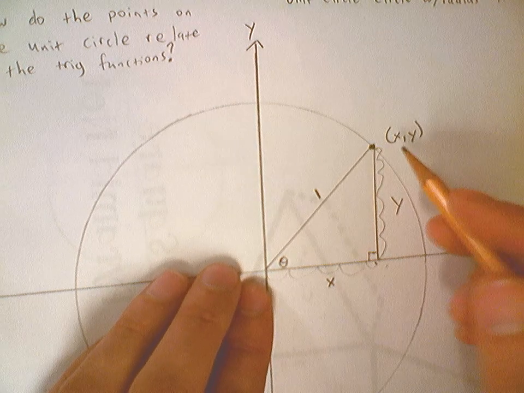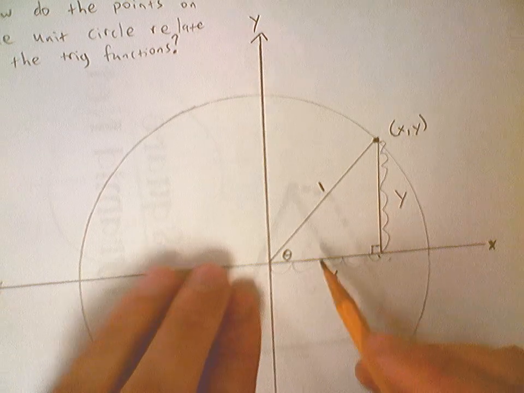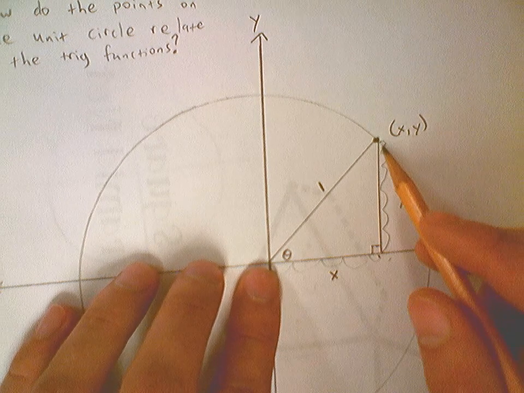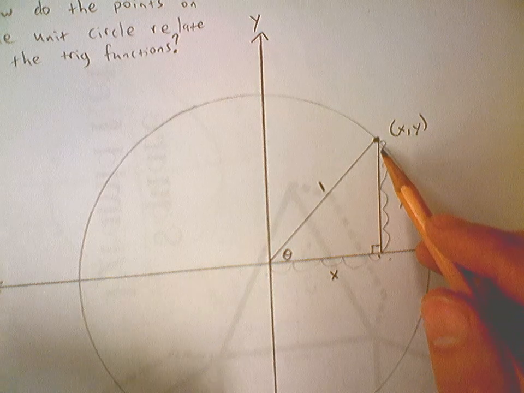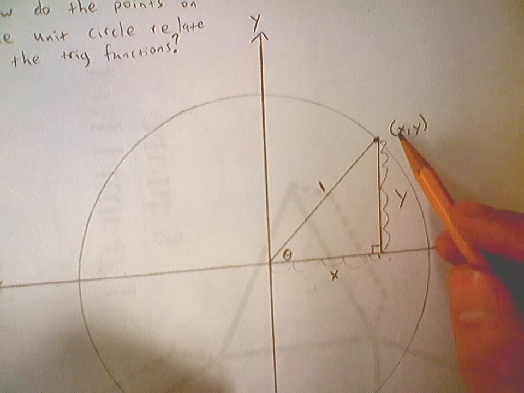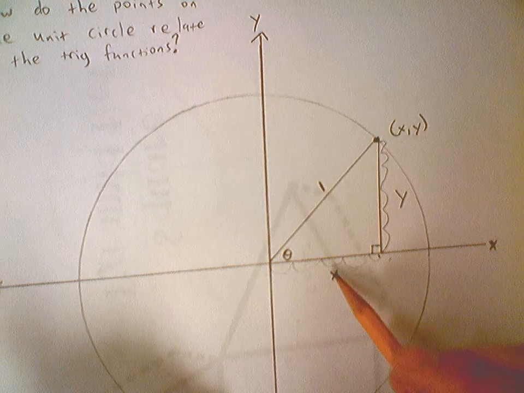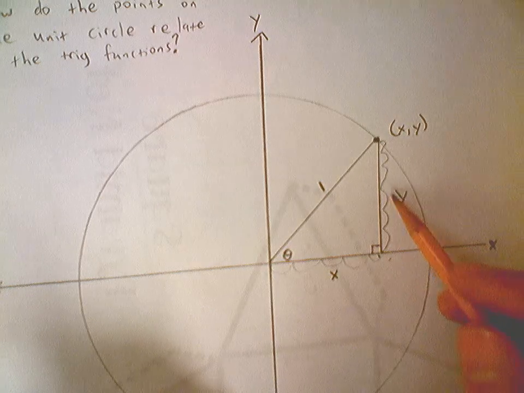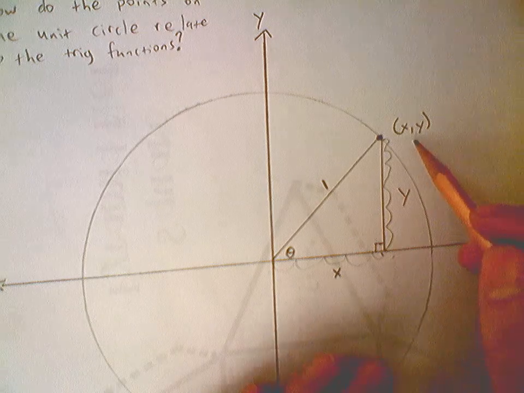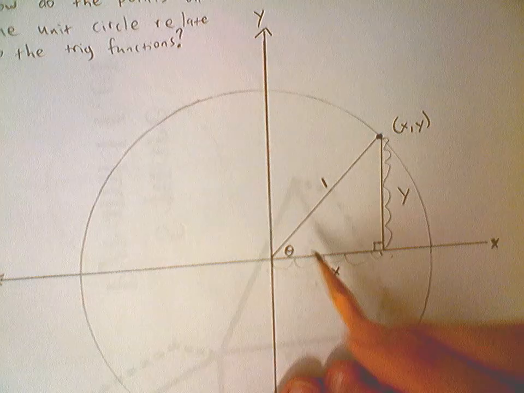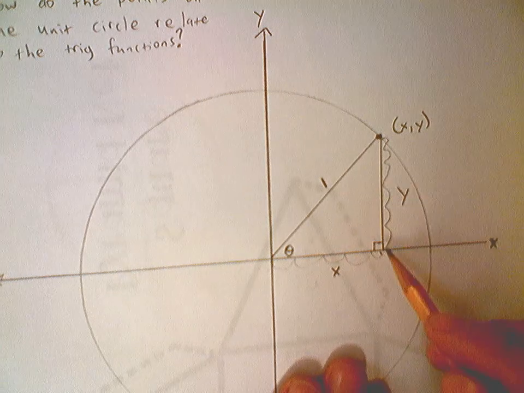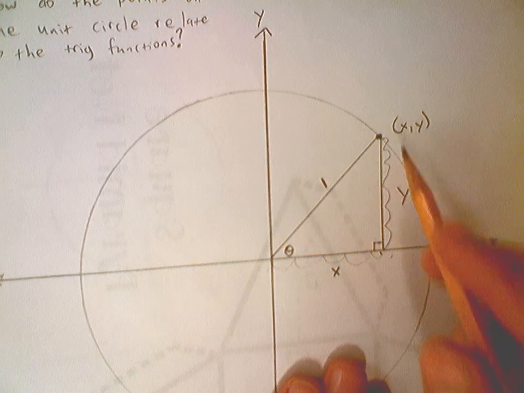Think about what you would do to plot a general point like x, y. You start at the origin and you go over x units and up y units. That's how plotting points works. If this point were 3, 5, I go over 1, 2, 3, up 1, 2, 3, 4, 5. So if this point is x, y, then the distance here is x, and the distance up here is y.